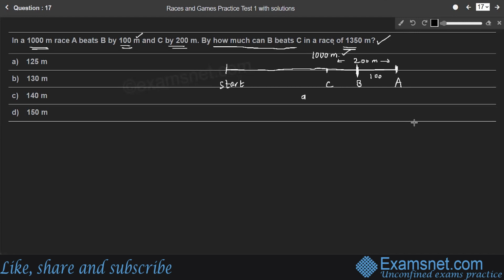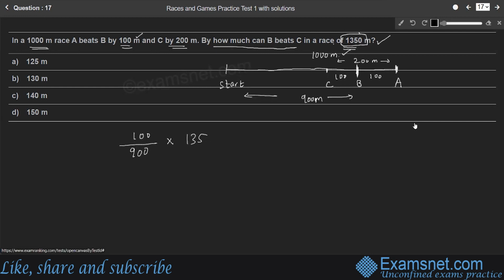So when B covered 900 meters, B beats C by 100 meters. The B to C distance is 100 meters here. Therefore, if B covers 1350 meters, you will get the answer.